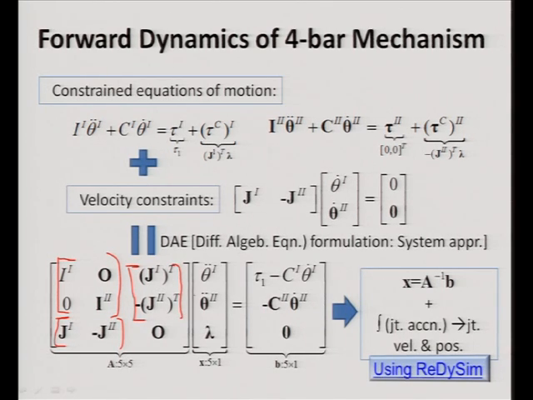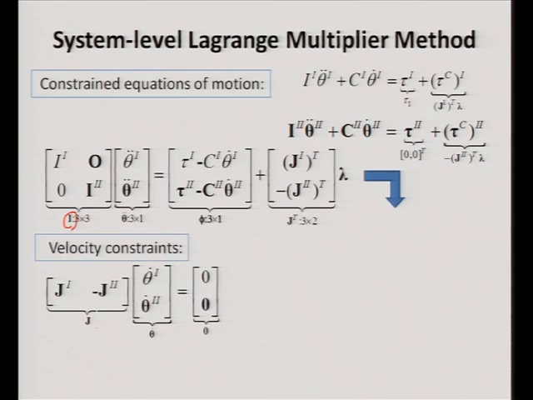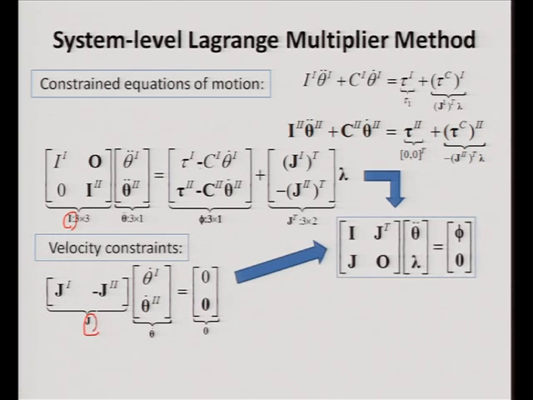In the next slide I did exactly this. I defined the 3 by 3 matrix I by combining these 2, defined J, and then rewrote the whole expression from the previous slide. So this I now contains 3 by 3 information.